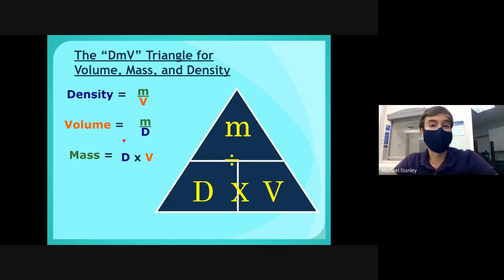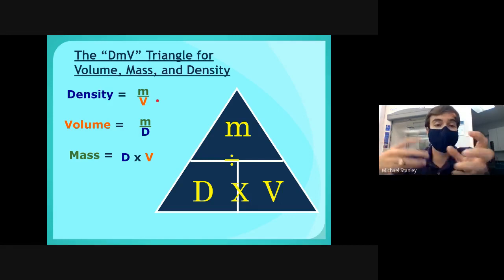And finally, if you know the density and the volume, you can multiply to get the mass. So that is how you calculate density, or one of the other measurements, based on the types of information about the object that you have.